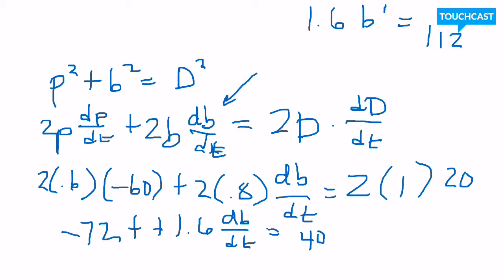I can divide both sides by 1.6 and I get B prime, so dB/dt equals 70. So I would conclude that at the exact moment when all those things are happening, the speed of the bad guy is 70 miles per hour.